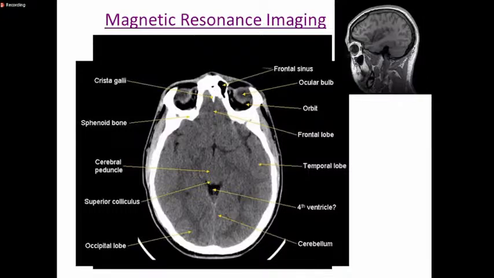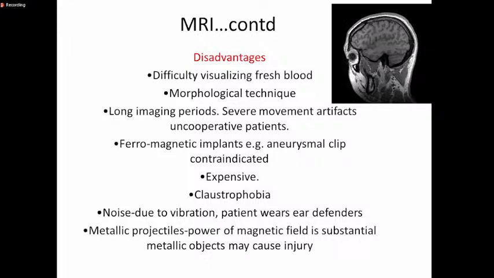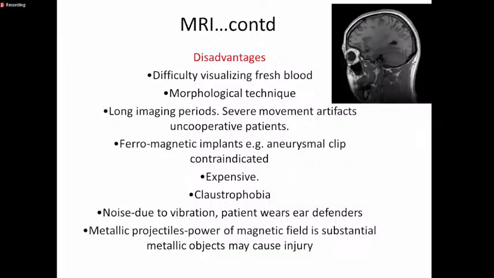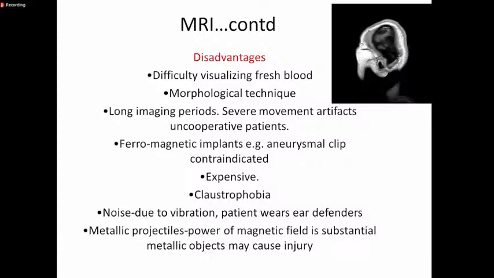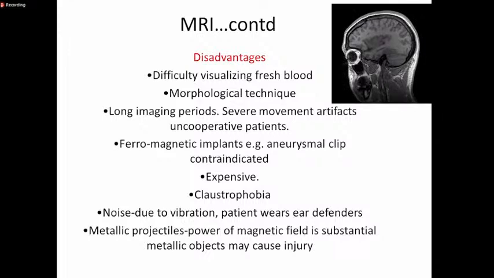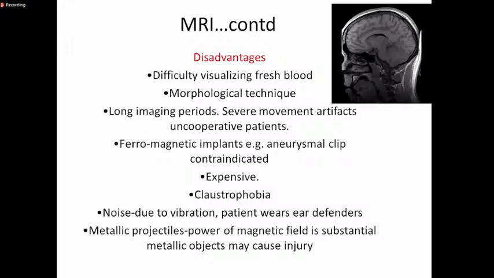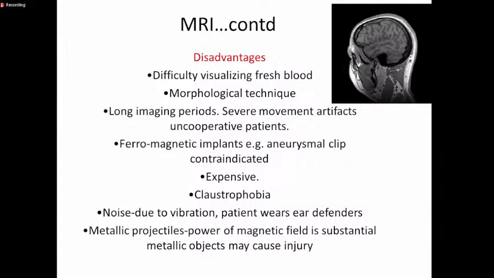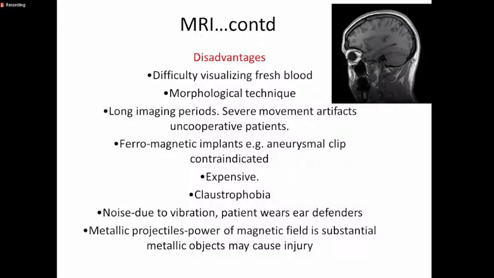There are disadvantages of MR. One, you may not be able to visualize fresh blood. Even blood vessels appear as signal voids. It's a morphological technique. These patients, for MR, you take a little bit of time within the machine. And for patients who are uncooperative, it's going to be difficult to image them, because if you move when you image, then you create artifacts.